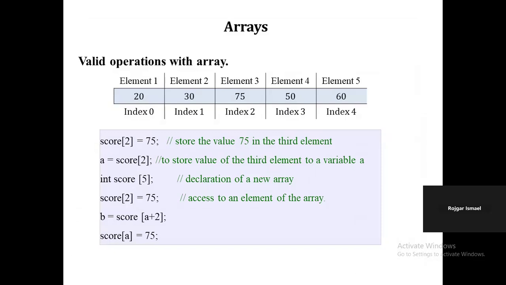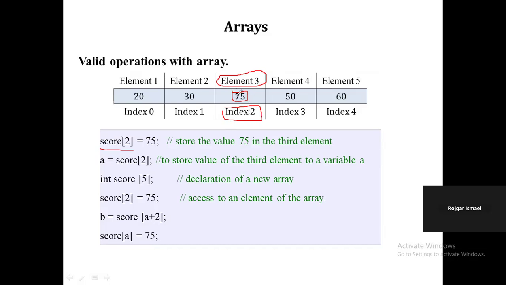If I say score 2, it means the score which has index of 2. Looking there, for the index of 2, the value will be 75. Its element is the third element. Again, don't confuse the element number with the index number.